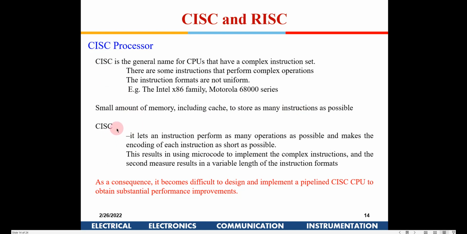Take complex instructions, for example. I can write a MOV into AX. In 8086 you might have learned this: MOV AX, and then within square brackets BP plus 100. So what is it going to do? The data will be written into AX, and from where? That address will be specified by the contents of the BP register plus the offset.